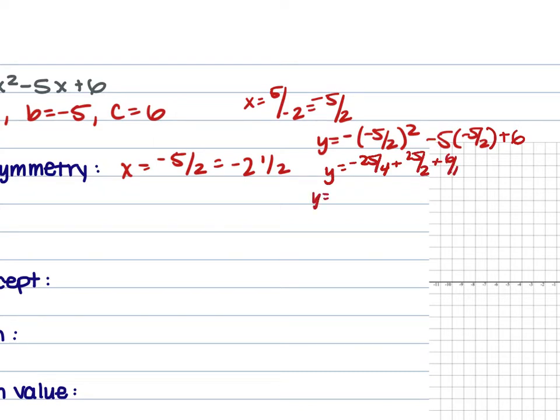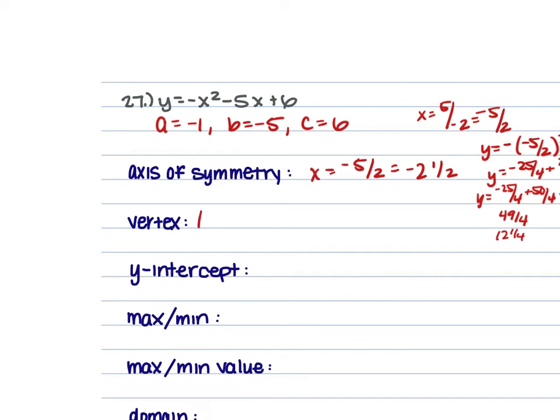So y is equal to negative 25 over 4 plus 50 over 4 plus 24 over 4. So the negative 25 plus 50 is positive 25, plus 24 is going to give us 49 over 4. So this is 12 and 1/4. So our vertex is negative 2 and 1/2, comma 12 and 1/4.